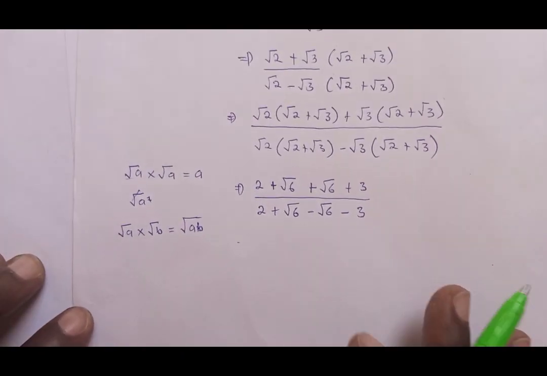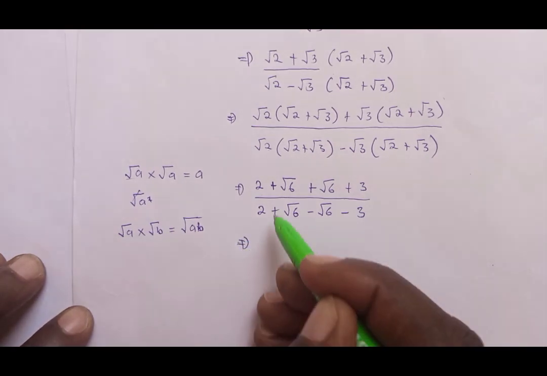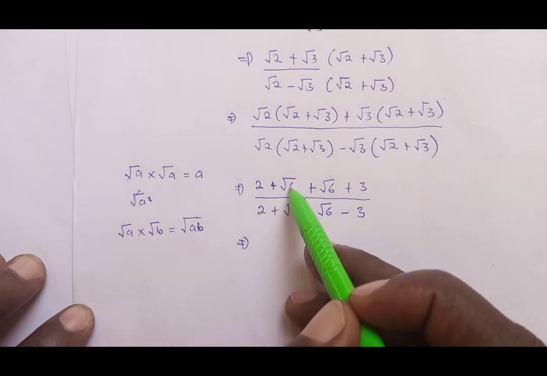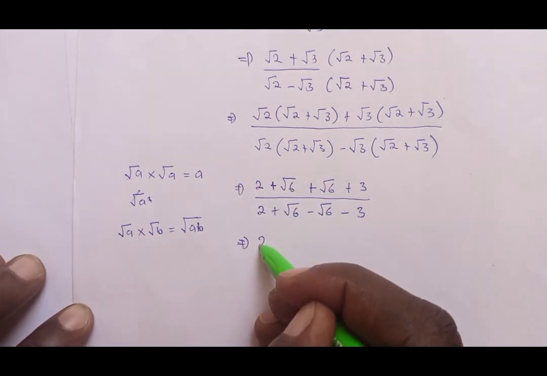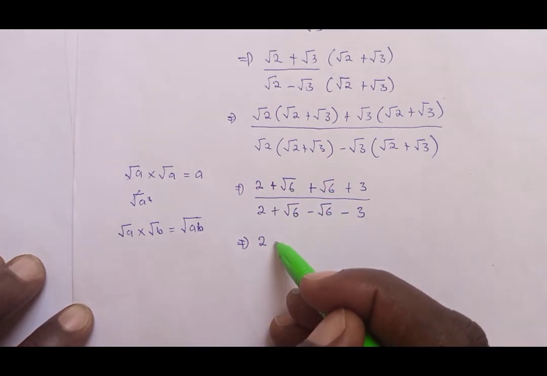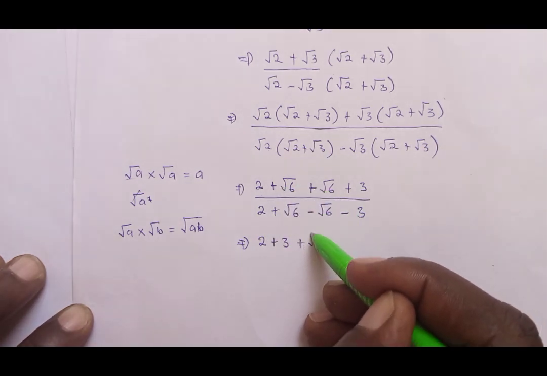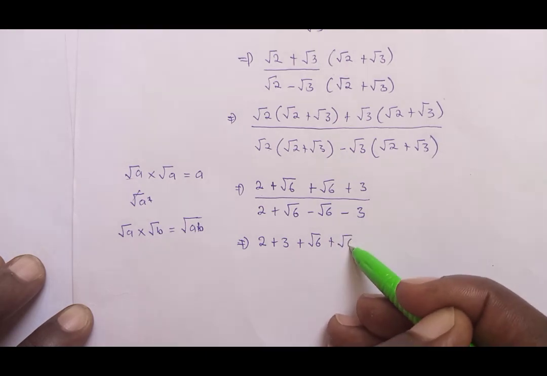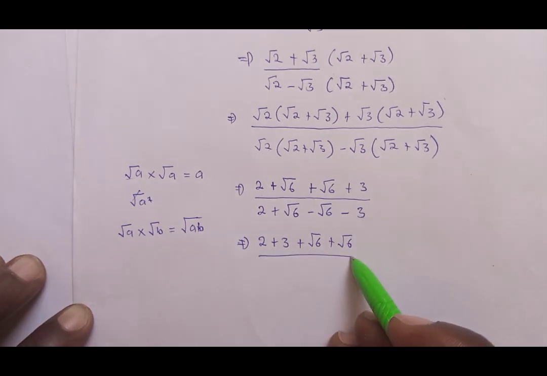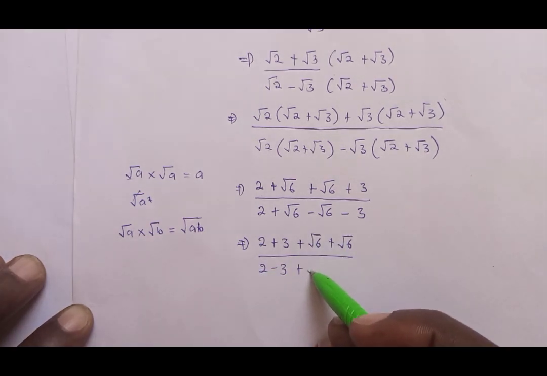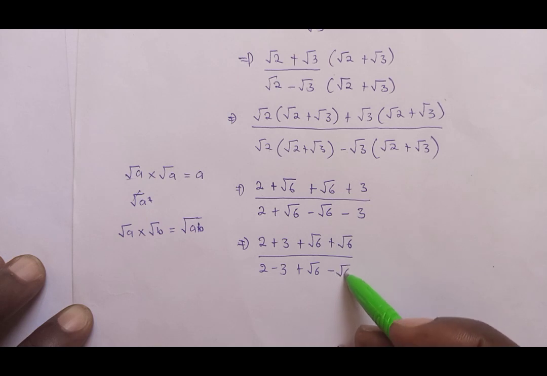Now the next thing is we are going to collect like terms. So this will be brought here and this one will be added on to this. So 2, then plus 3, then plus square root of 6 plus square root of 6, and then divided by 2 minus 3, then plus square root of 6 minus square root of 6.